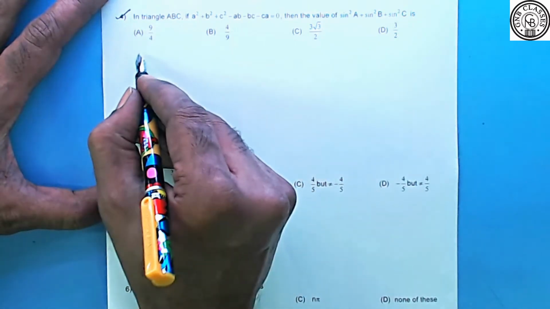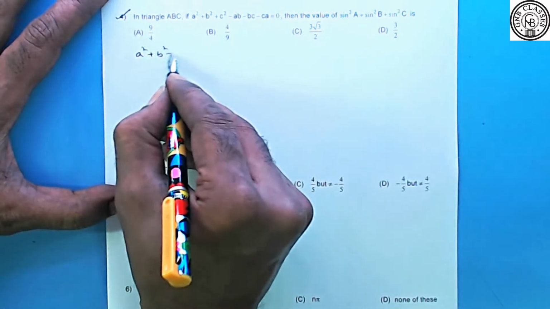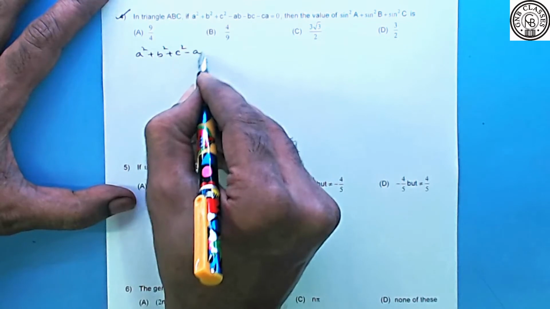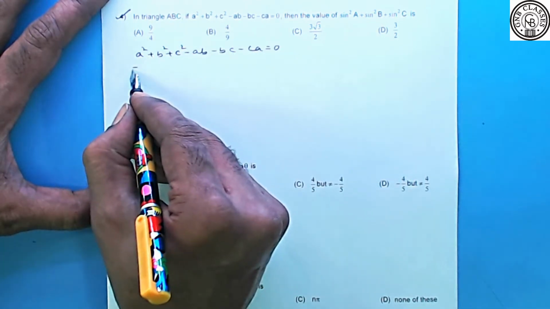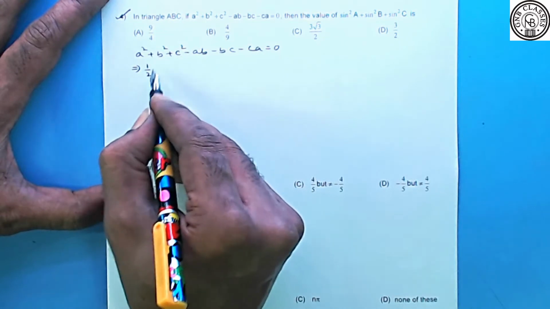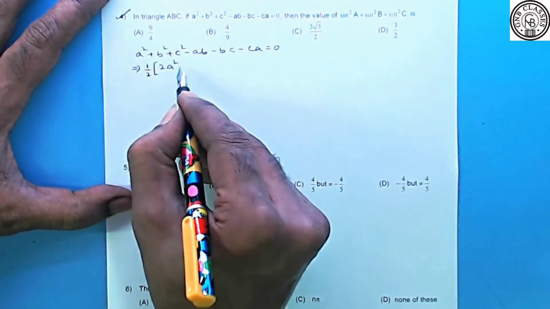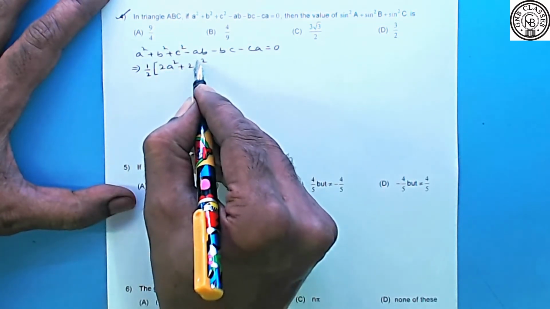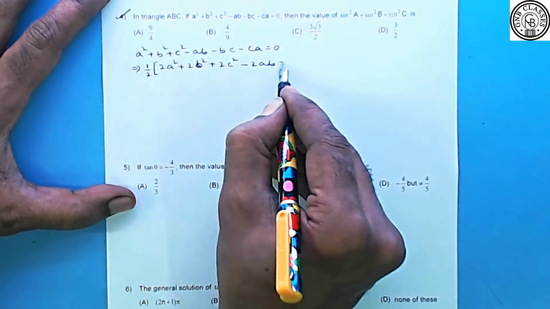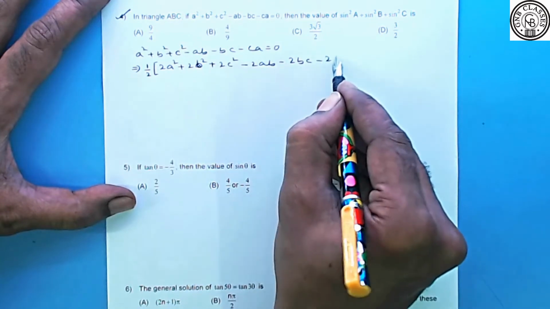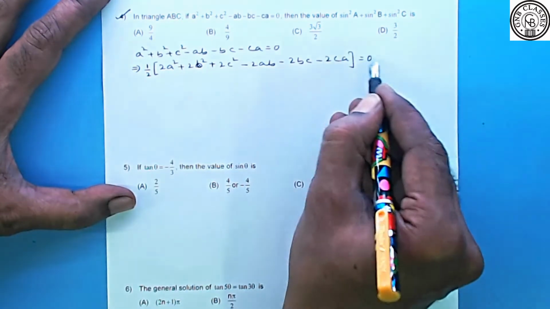In this question, they have given a square plus b square plus c square minus ab minus bc minus ca is 0. So that implies, if I take a half common, 2a square plus 2b square plus 2c square minus 2ab minus 2bc minus 2ca equals 0.